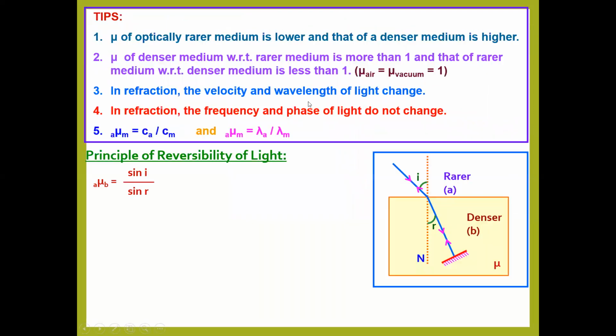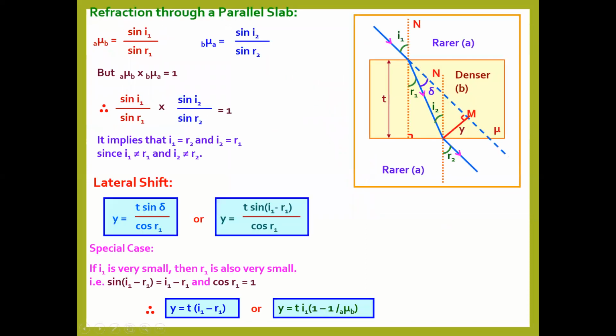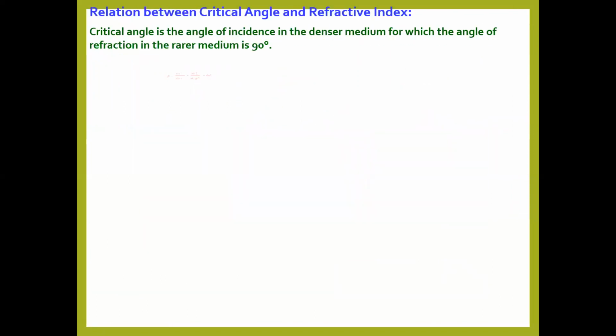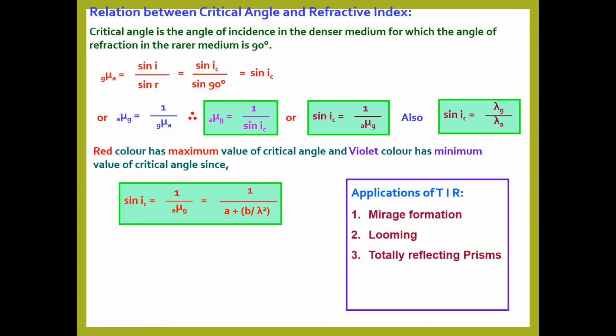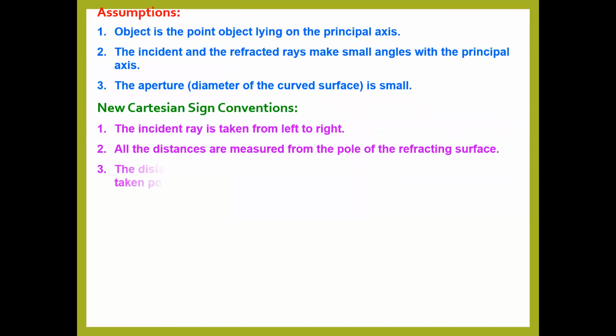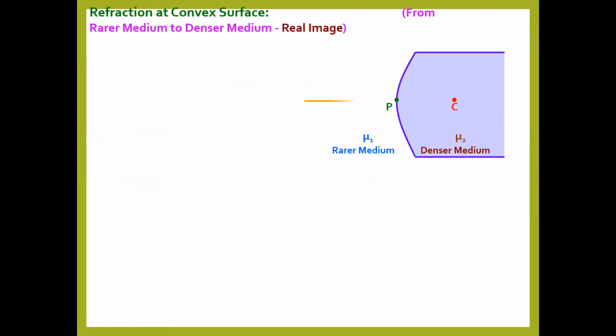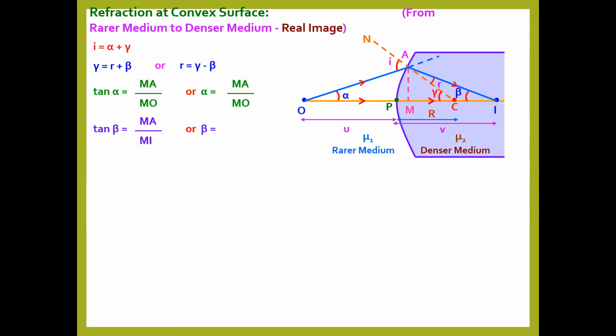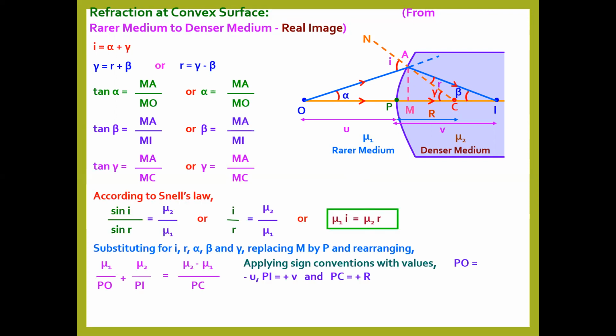Let us see the laws that we have previously found in our discussions. So the first surface may be treated like this: rarer medium, denser medium, mu1, mu2, a light ray goes, some image gets formed, and after proceeding using trigonometry, we found that the relation comes like this, and we are using that relation in our case, in the case of a lens.